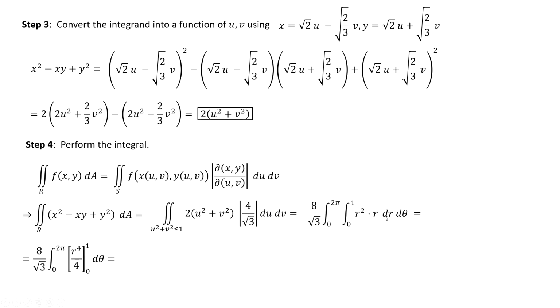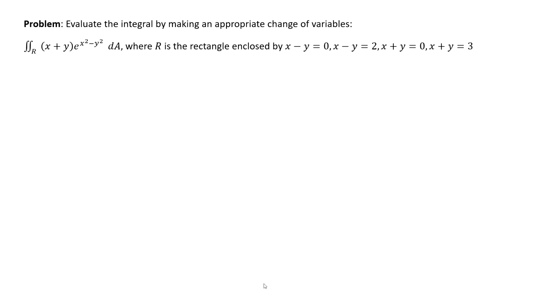I integrated with respect to r first and plugged the limits on r, and that just ended up being 1/4. 1/4 minus 0 is 1/4. So that we have this, and 4 pi over square root of 3 is the final answer. Whew. That was pretty involved, right? Yep.